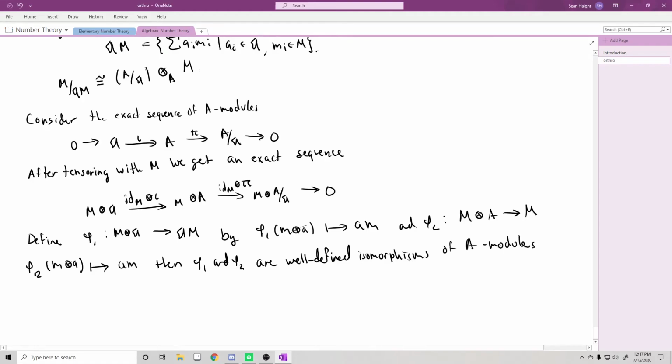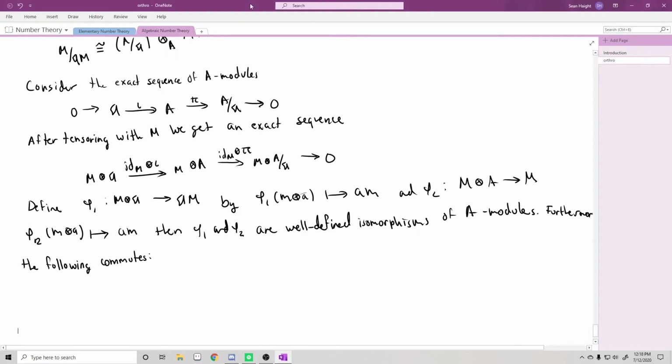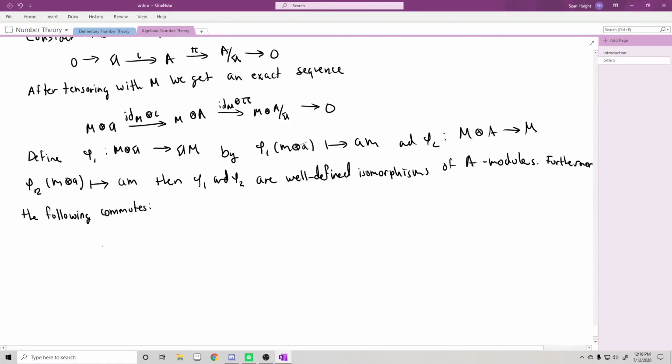Okay. Not only this, we get a commutative diagram, which is really nice. Furthermore, the following diagram commutes. From M tensor A. So the first row is going to be this row here.